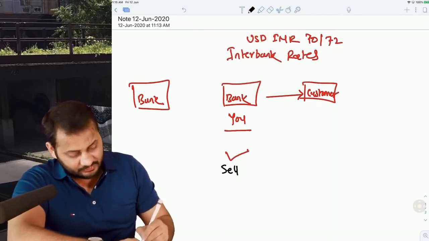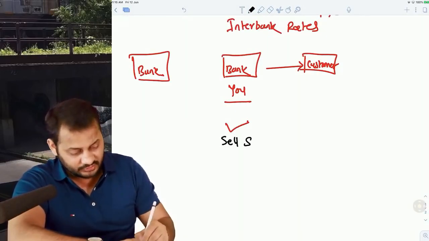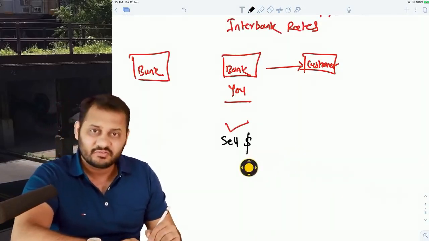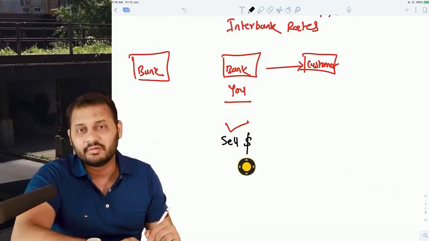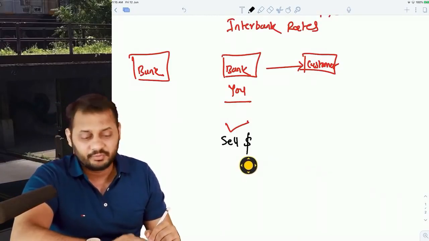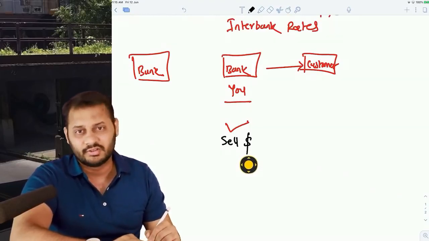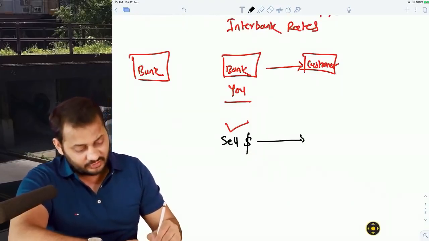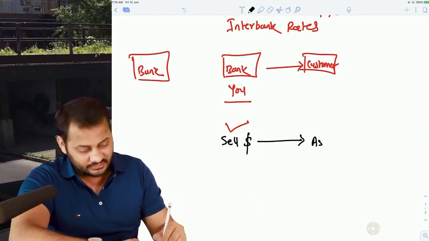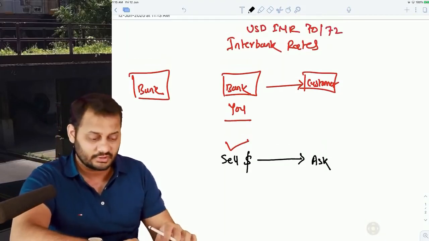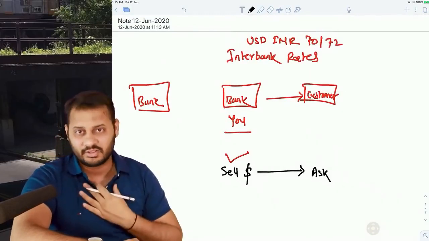As a bank, you want to sell dollars. That is not sufficient to interpret the rates. It should be clear to whom you want to sell dollars. If you want to sell dollars to the customer, the ask rate is applicable, because we interpret these rates from our own angle.